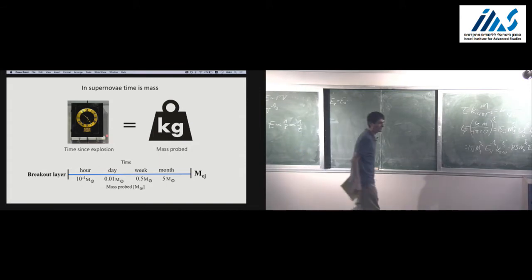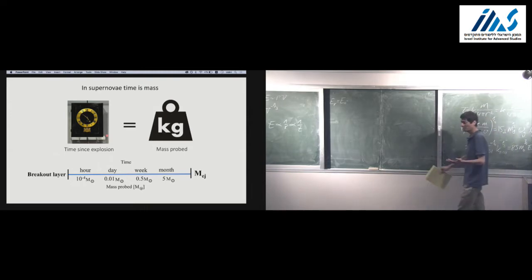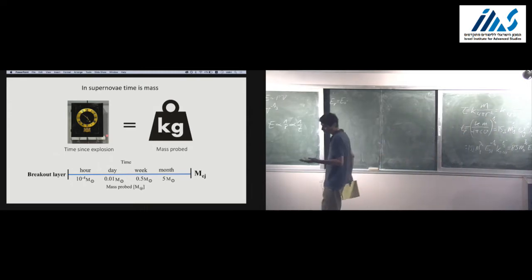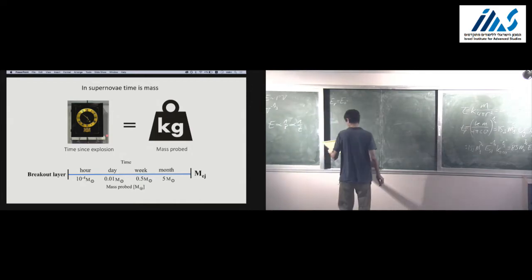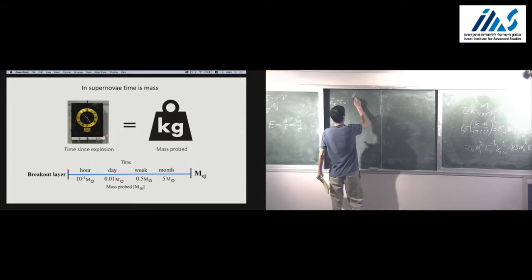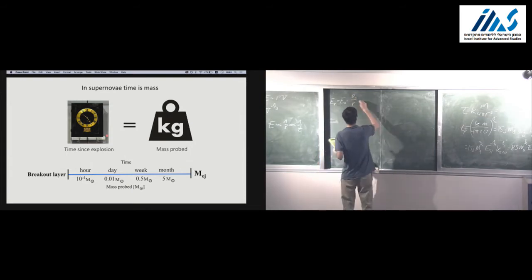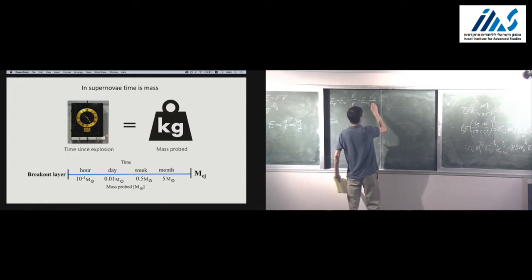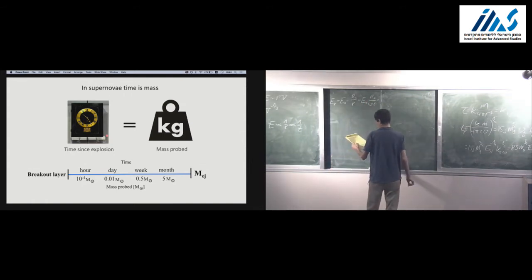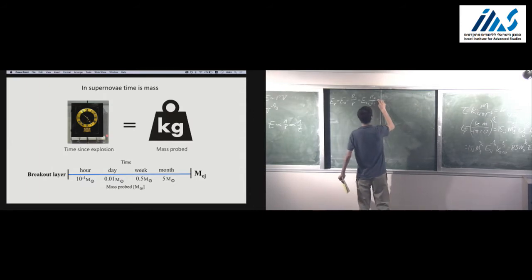The adiabatic loss is the ratio between the volume at first and the volume when everything is released, to the 1/3. The initial volume is R naught cubed, usually R star. And the volume at late time is simply VT cubed, R cubed. So this is going like R naught over R, which is equal to E naught R naught over VT.